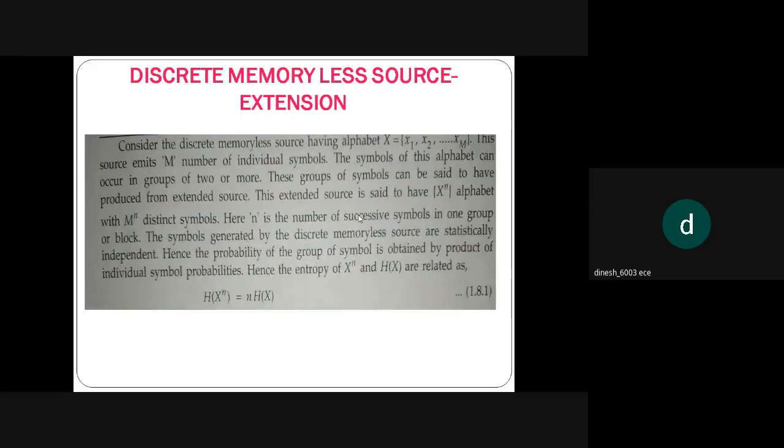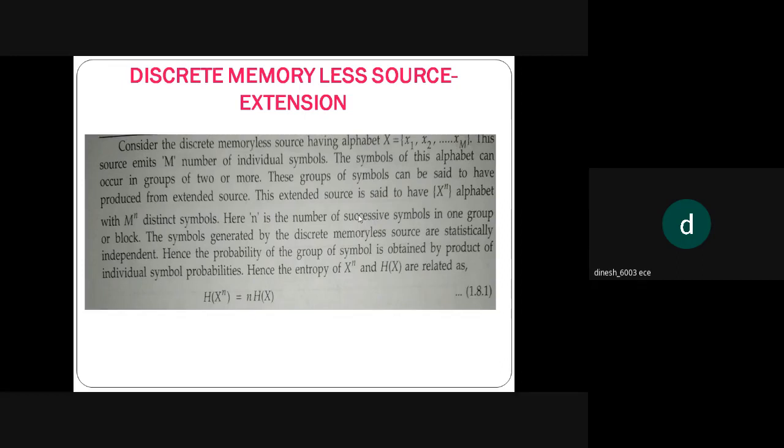And now the extension to the discrete memoryless source. Previously, at the beginning of the class, we had seen the discrete memoryless source, where the output of the channel depends on the corresponding input bits to the channel.